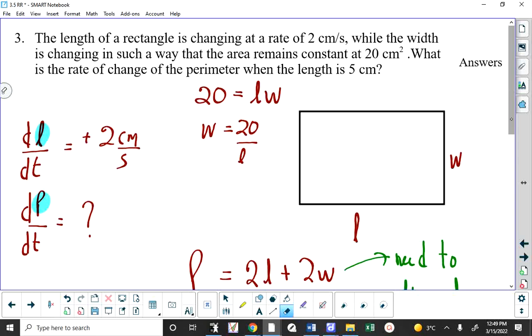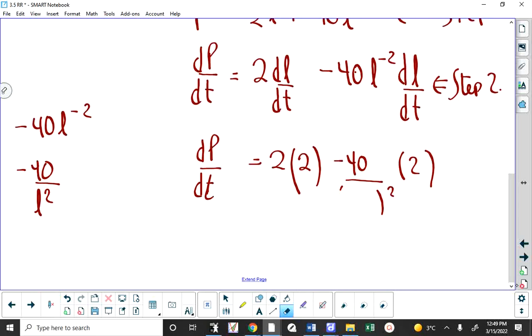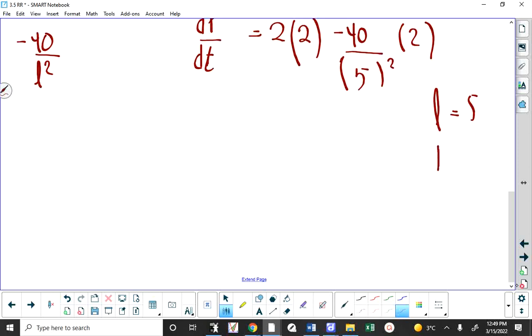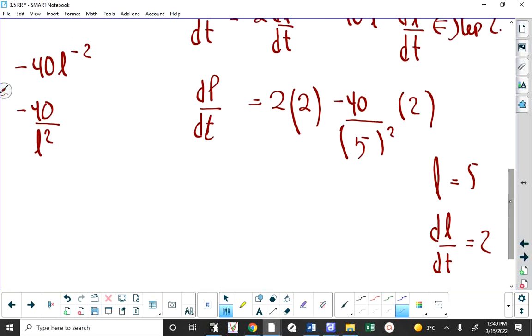It just says when the length is 5. So you're right, Ben. This is not over 2 squared. It's over 5 squared. L is 5, and dL/dt is 2. So we can work out what this is.